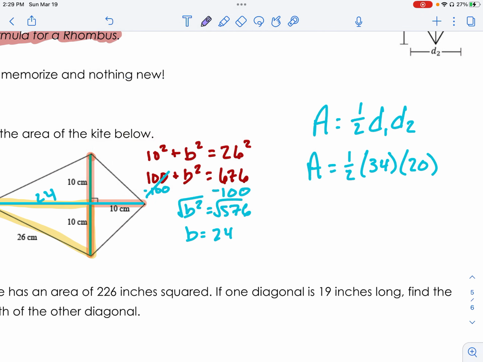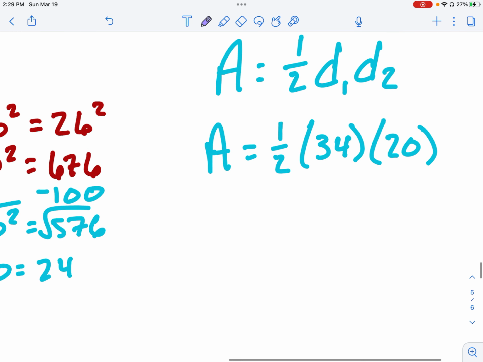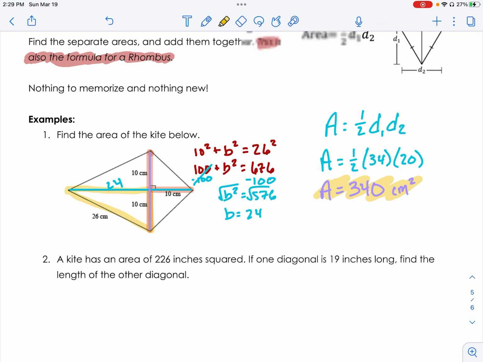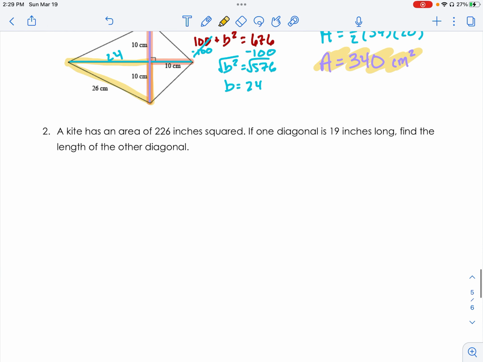So our 10 and 10 would be this new purple line here. Plug that into your calculator, and your area equals 340 centimeters squared.